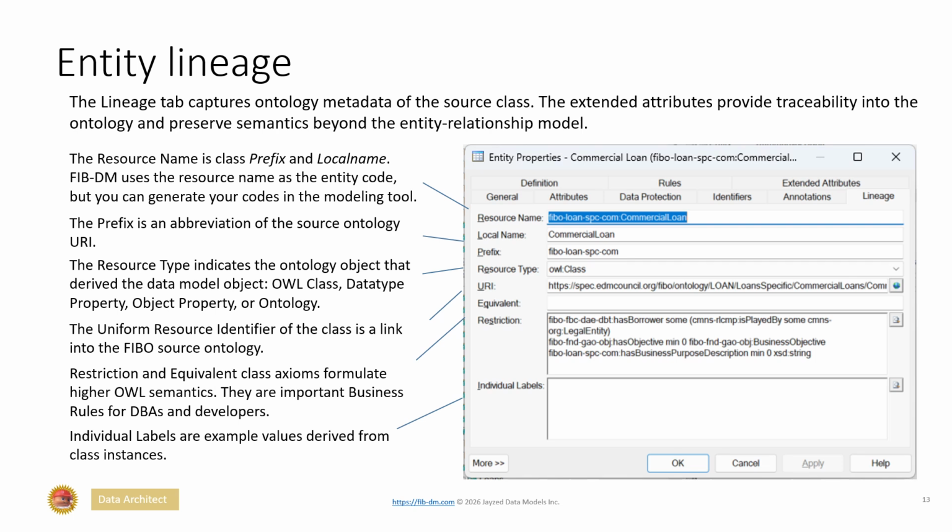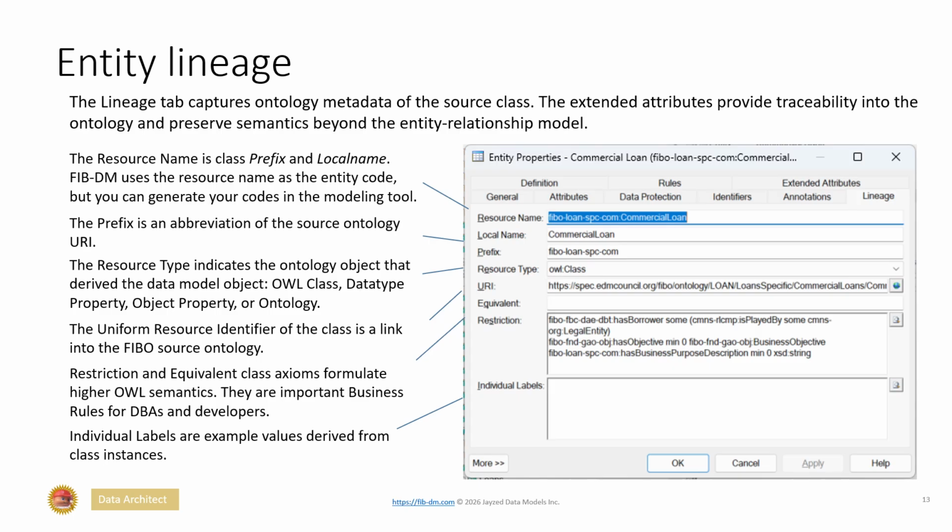And that is where the ontology has higher semantics in actually formulating these business rules. So what COD does is it processes the class restrictions and derives associations from them. Finding this class restriction, COD creates the association to borrower and to legal entity. And it documents the original class restriction text in the lineage extended attribute.